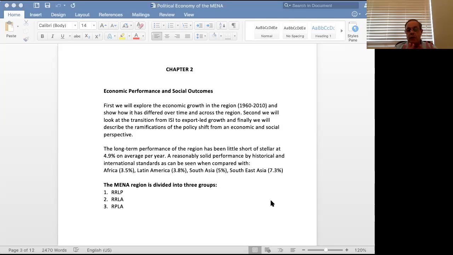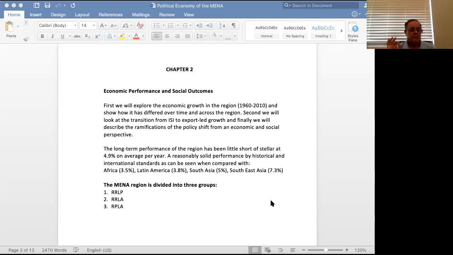Now, if you look at the long-term performance of the region, in other words, from 1960 to 2010, that's a pretty long period. You can see that it has been a little short of stellar.